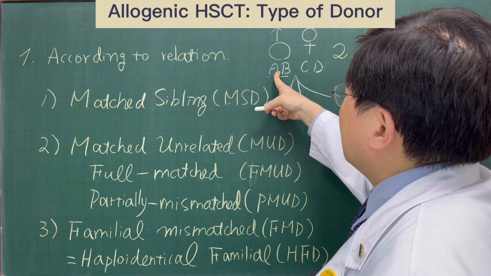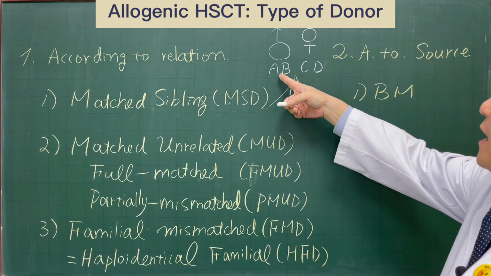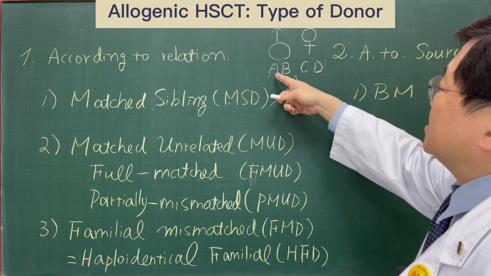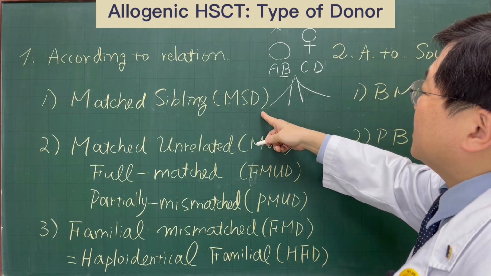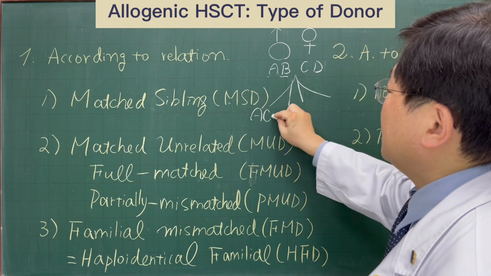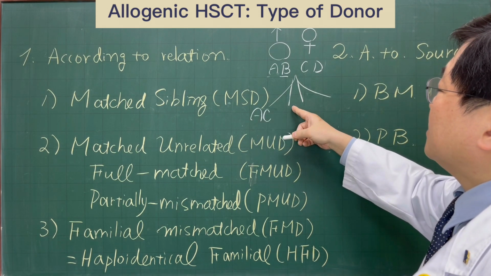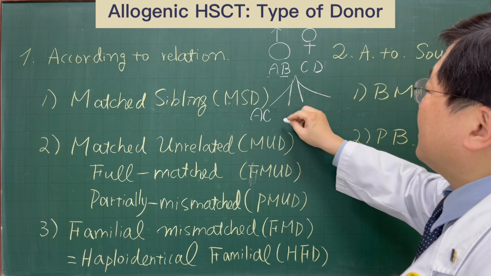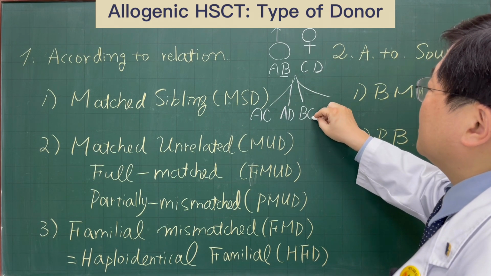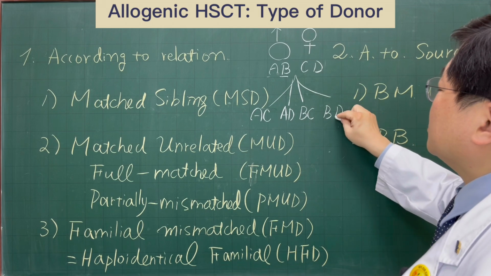The HLA molecules are inherited half from each parent. So one of the children will have the AC combination, another will have an AD combination, another will have a BC, and the rest will have a BD combination.